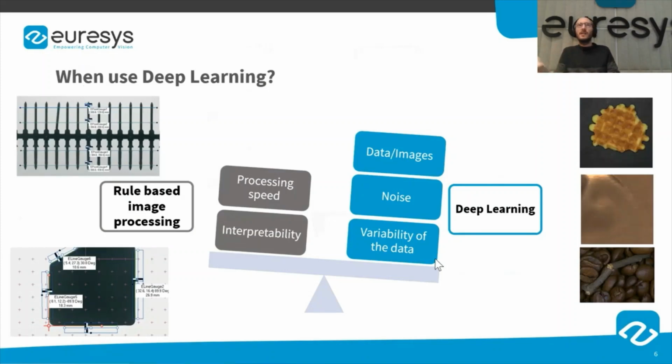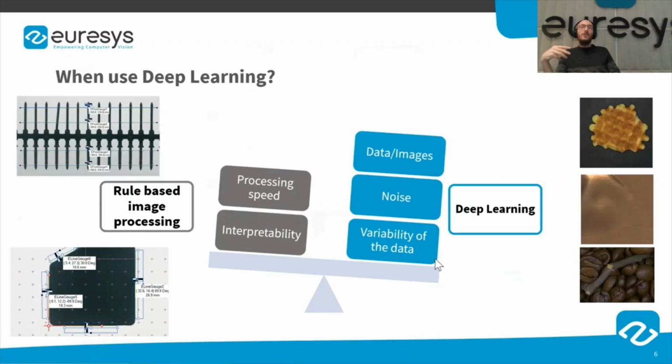But on the other hand, deep learning algorithms are proficient on complex data with complex textures, complex patterns, when there is a lot of noise, when there is a lot of inner variability in the images. So, for example, deep learning algorithms work very well on natural products, for example, the waffles and coffee in this slide, but they also work very well on manufactured objects where defects are quite complex.